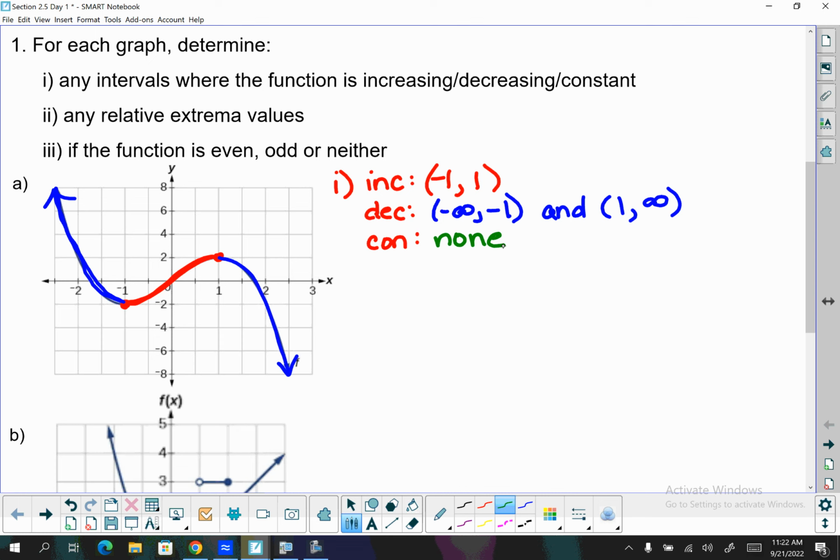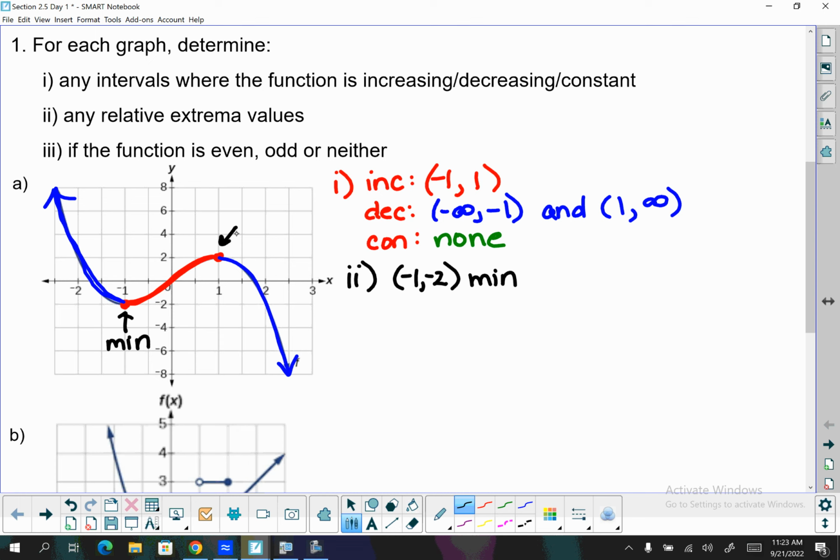Okay? All right, second thing we want to find is any relative extreme values, which is a fancy way of saying minimums and maximums. Usually we just list the whole point. So I have a minimum at that bottom of the valley there, which is, what is that point? -1, -2 is a min.